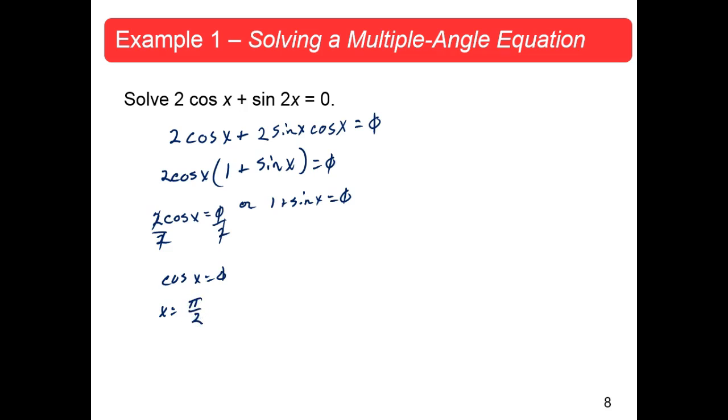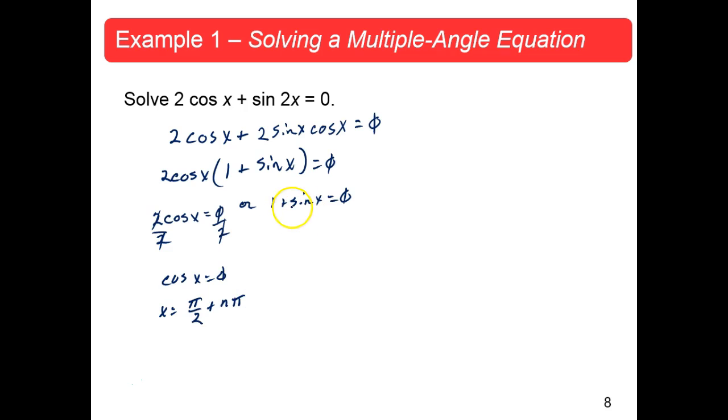A pi halves here, a 3 halves pi here, a 5 halves pi here, 7 halves pi, 9 halves pi, negative pi halves, negative 3 halves pi, negative 5 halves pi. They're all 0, so they all differ by pi. Most of the time with cosine we would use 2 pi, but because you have 2 zeros in every period, one here and one there, the zeros are exactly pi apart. So this will be plus n pi.